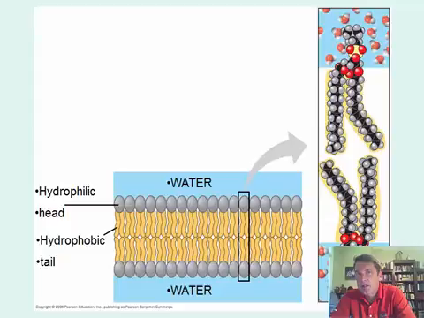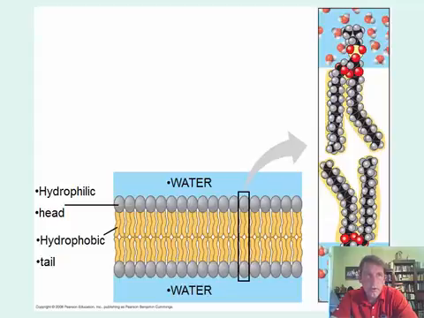Now, certain things are allowed to come through these membranes, and that's what we're going to get into. That ability to allow certain things to come in and not allow other things in is called selectively permeable. That's a phrase often applied to these membranes. They're selectively permeable.